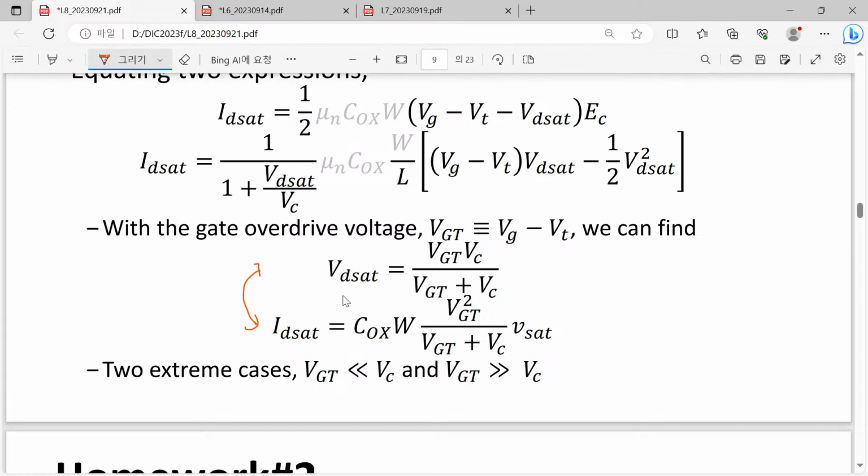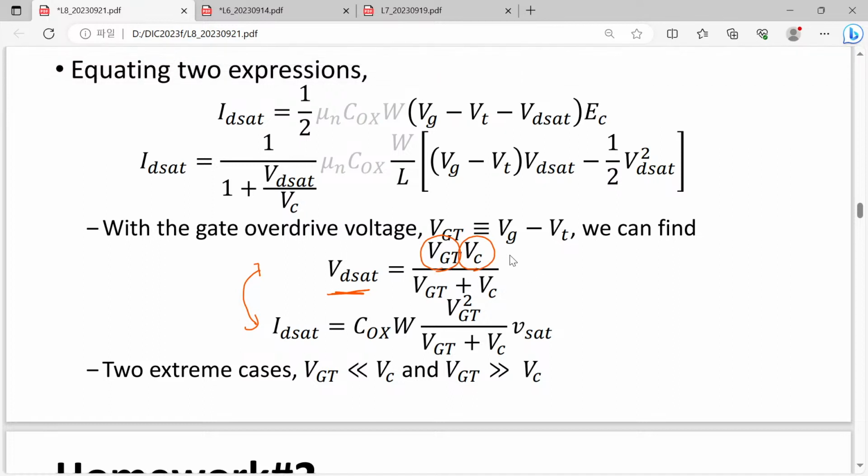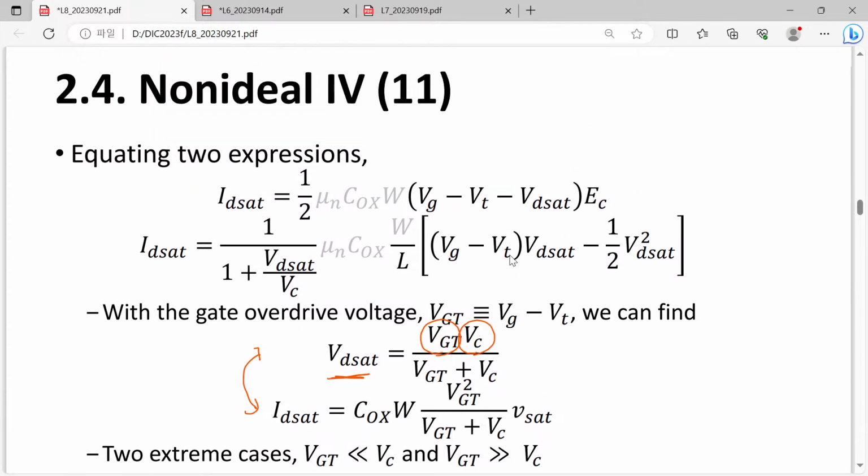relations. One is your saturation velocity is simply given by a combination of two quantities. This is the gate overdrive voltage, and this is critical electric, sorry, not critical electric field, but critical voltage. So this is, what is it?